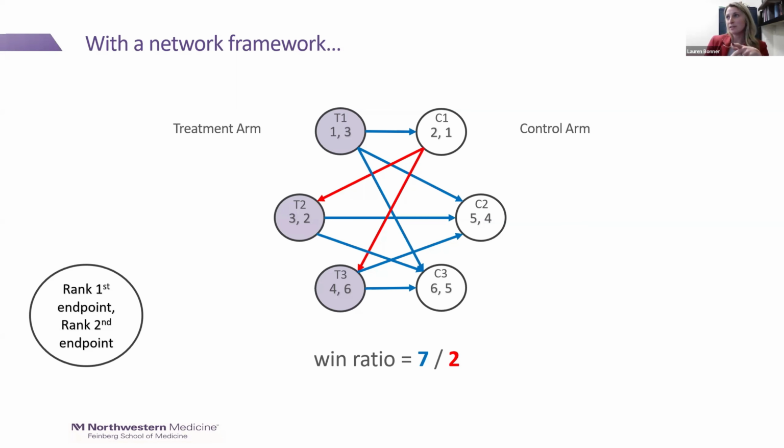Our framework was then, as I mentioned, extended to allow for the scenario where maybe we have censoring on the first endpoint. So all of these 4 nodes are tied because of that censoring. I can't determine a winner or a loser on that first endpoint, and that's where I would use the rank on the second endpoint.